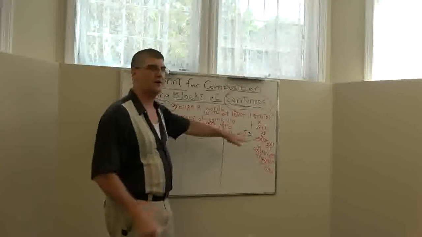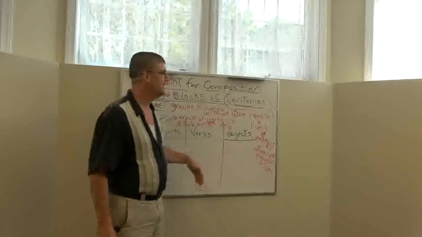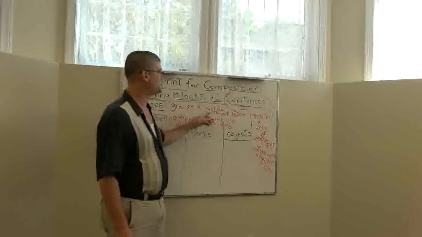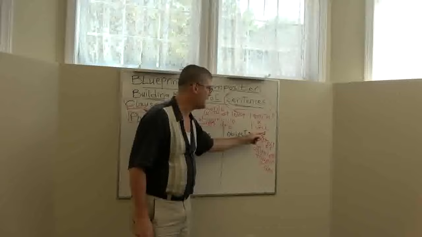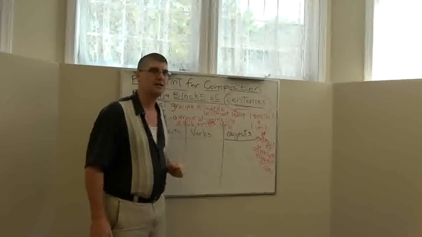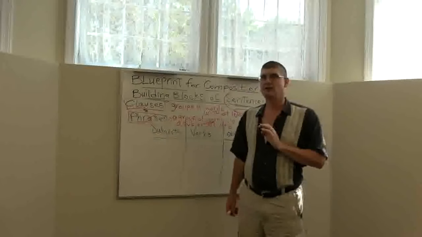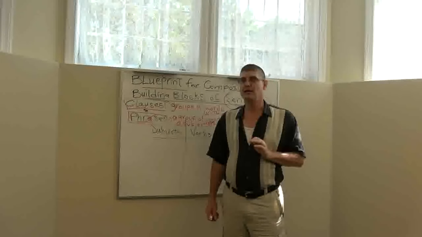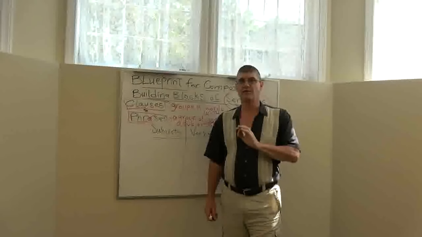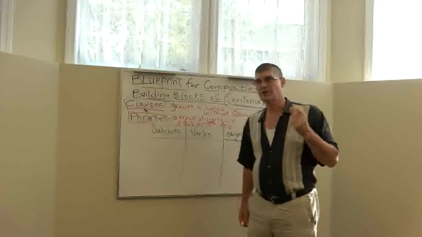All right, so this is another very important point that you have to remember about a sentence. A clause is a group of words with at least one subject and one verb and expresses a complete thought or idea. Because there are types of clauses which exist that do not express a complete idea, even though they contain a subject and a verb. We'll talk about those types of clauses later.